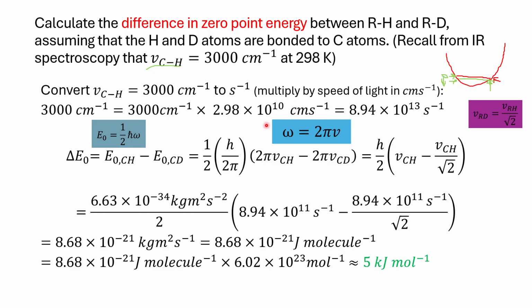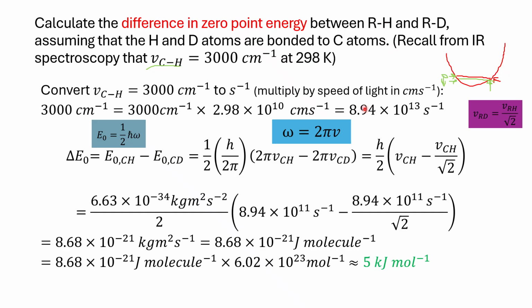We have to convert the unit for the speed of light from meter per second to centimeter per second, so it is multiplied by 10 to the power of 10. The 3000 wave number is equal to 8.94 times 10 to the power of 13 per second. This is the vibrational frequency for CH, or for the molecule RH.